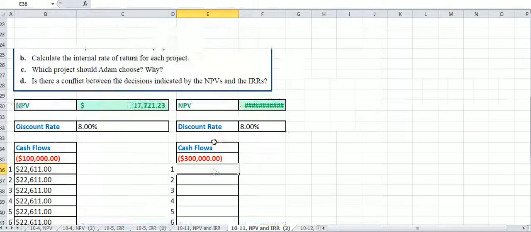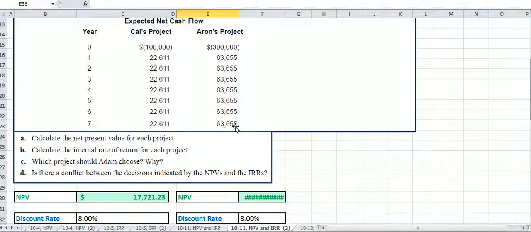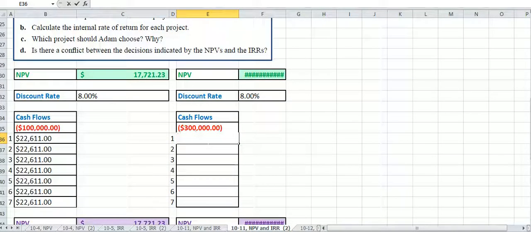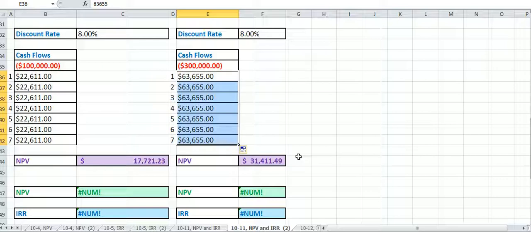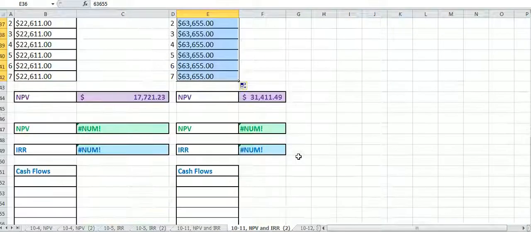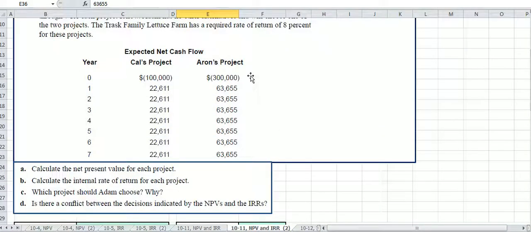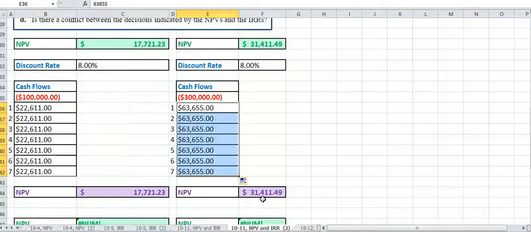And for Aaron, it's 63,655, not 855, and then bring that all the way down. And that's going to give us our net present value. So from this first analysis, it looks like we should do Aaron's project because it has a higher net present value.